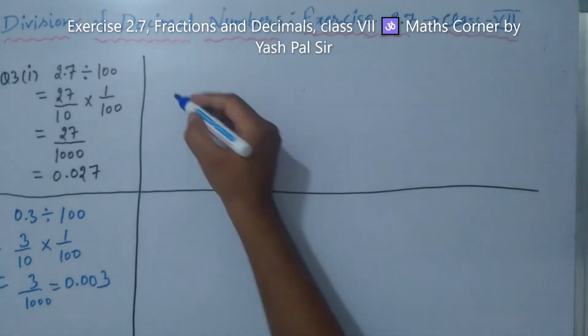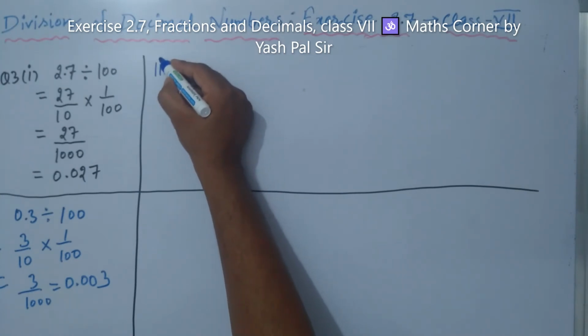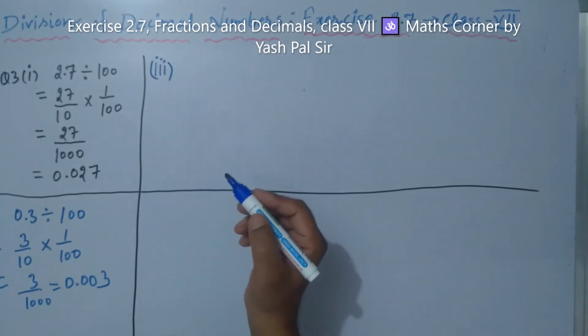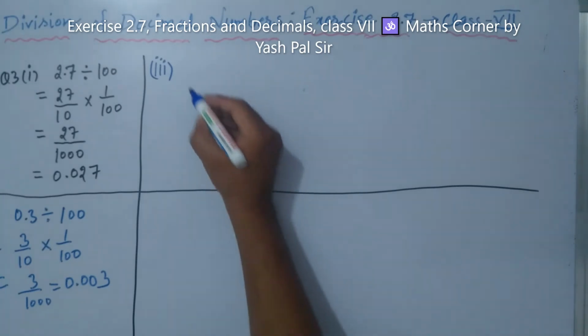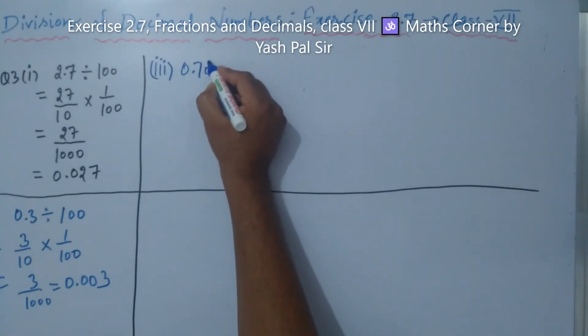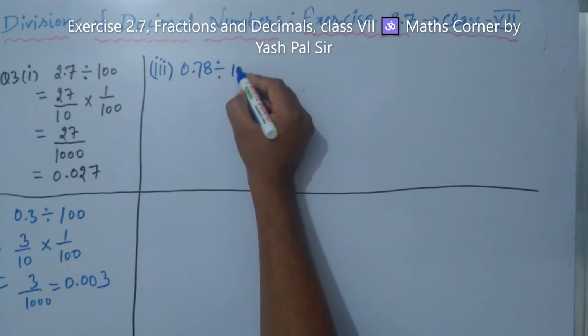So next, the third part of the question is 0.78 divide 100.